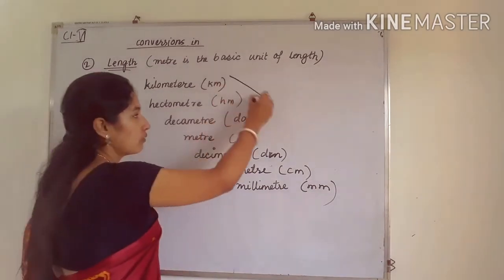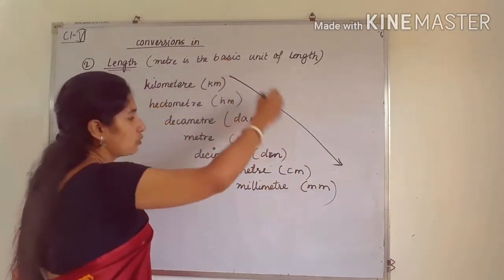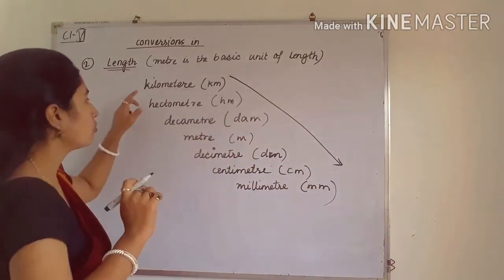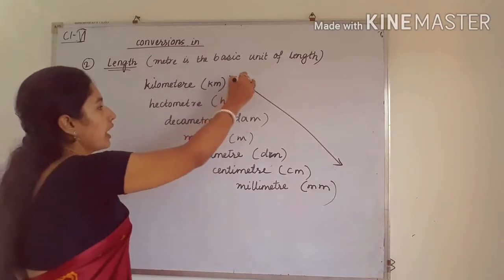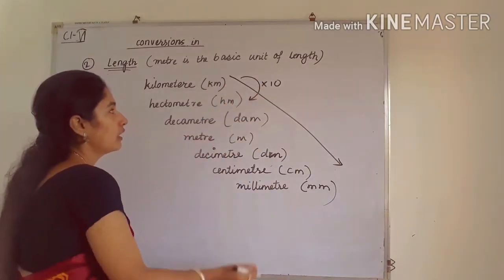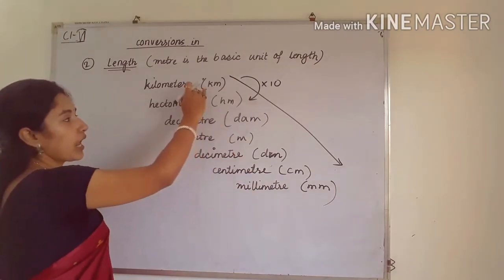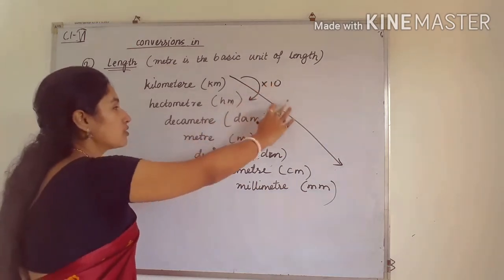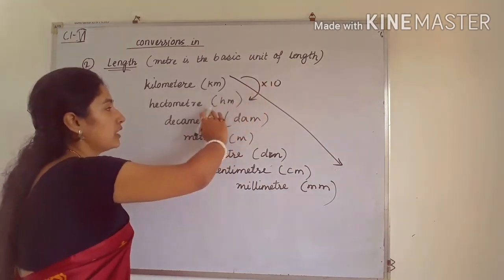And when we are coming from top to bottom, then we have to multiply. Suppose I want to convert from kilometer to hectometer, then I have to multiply it with 10. If 2 kilometer is given and I have to convert it into hectometer, then I have to multiply with 10. So 2 into 10 will be 20 hectometer.